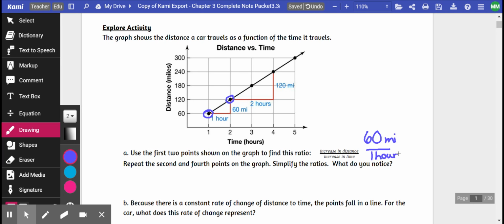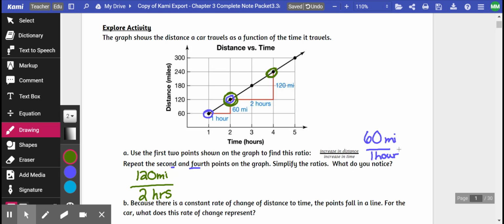The next thing that it asks us to do is to repeat it for the second point and the fourth point. So I'm going to go ahead and do that for the second point and the fourth point. And if you look, they have it labeled for us as well. So the increase in distance is 120 miles. And the increase in time is 2 hours. And we're going to go ahead and simplify those fractions.